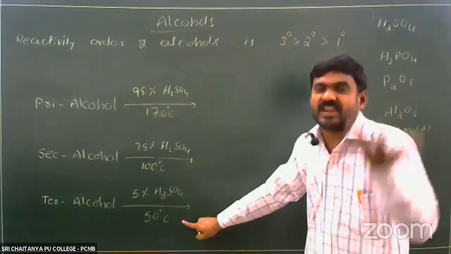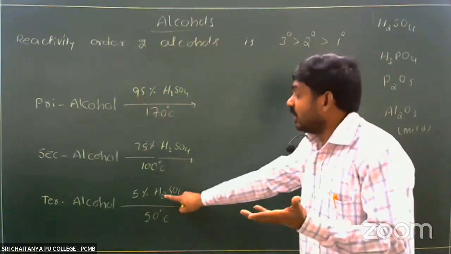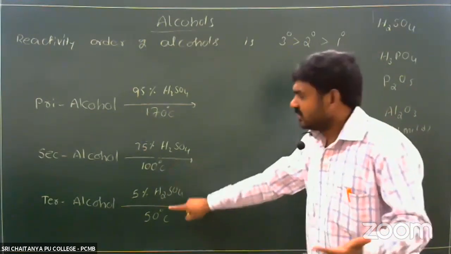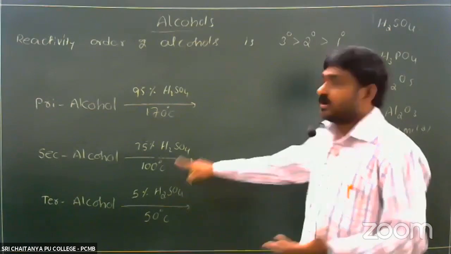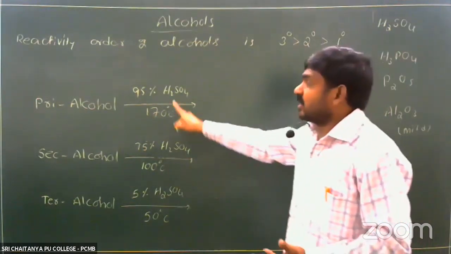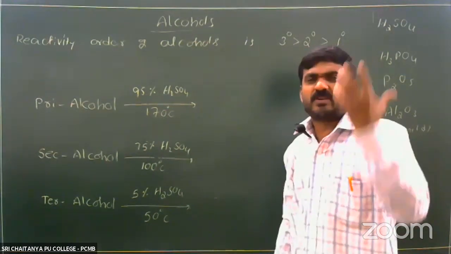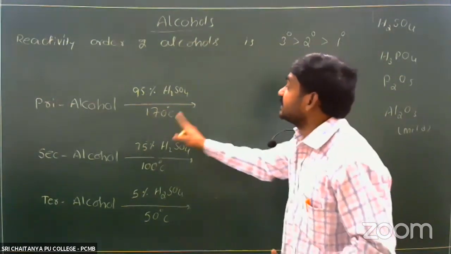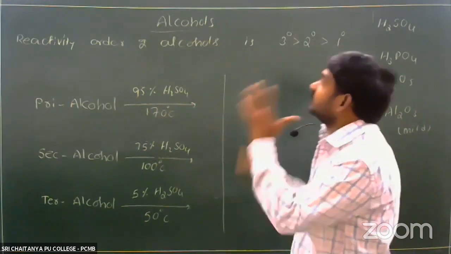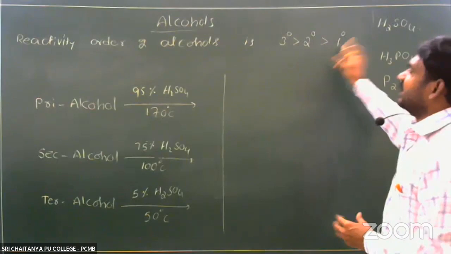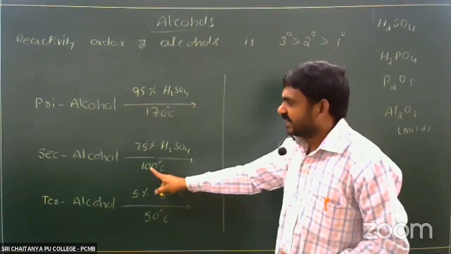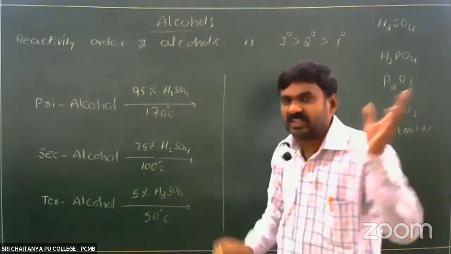Secondary alcohol requires 75% sulfuric acid and 100 degrees centigrade, double the temperature, because it is less reactive than tertiary alcohol. Primary alcohol requires 95% sulfuric acid and 170 degrees centigrade. So it indicates the reactivity order: from primary to secondary, reactivity increases, and from secondary to tertiary, reactivity increases.